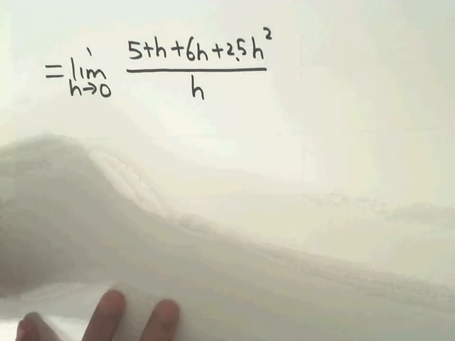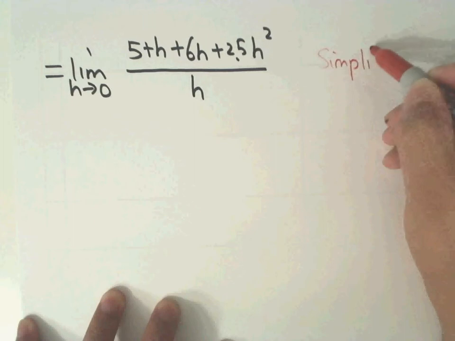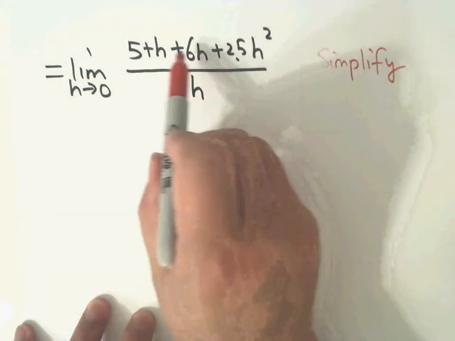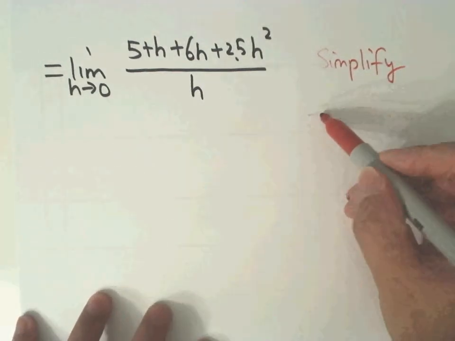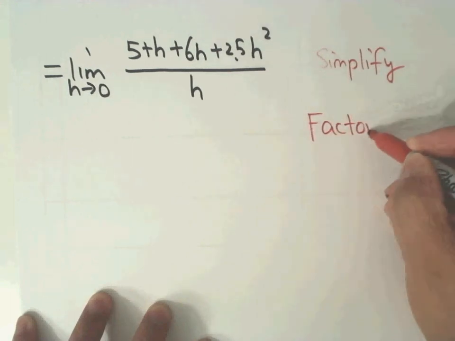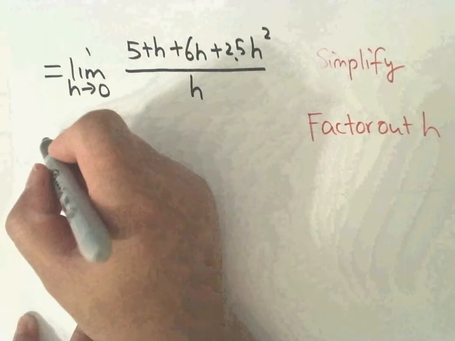So now what do we need to do? By simplification, the h on the top and the h on the bottom, we factor out. We can factor out the h on the top.